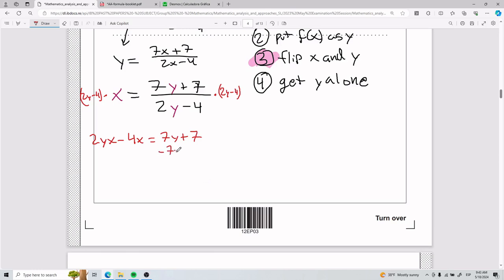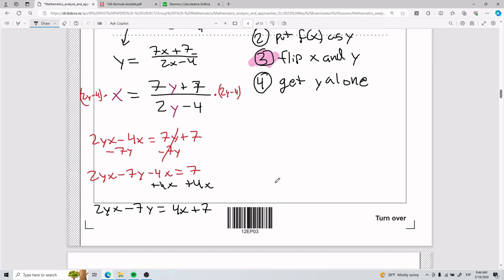So I'm going to do minus 7y, minus 7y. That means I end up with 2yx minus 7y minus 4x equals 7. And so now you want to get y alone, so you do plus 4x, plus 4x. So 2yx minus 7y equals 4x plus 7.